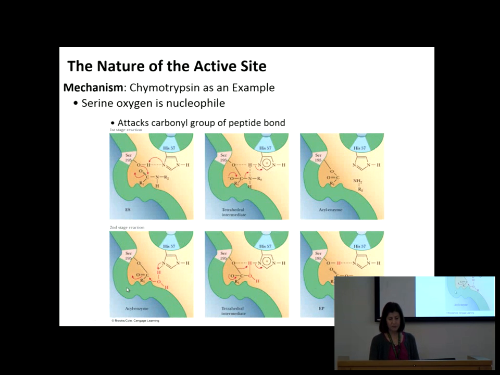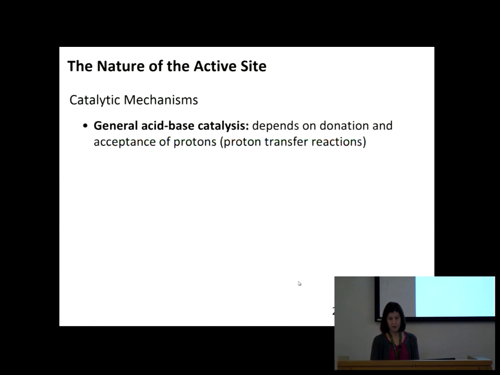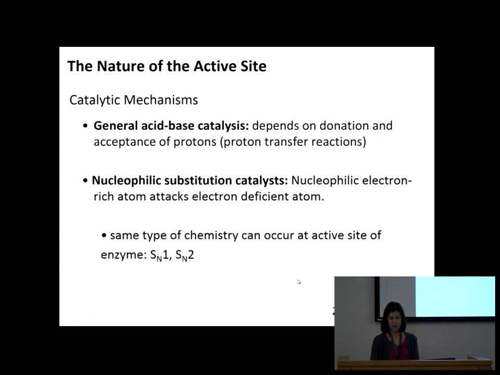All right, I'm going to have to repeat the second stage in the next class. And then we will end with talking about how those two were basically the two types of catalysis that we see very often: general acid base and nucleophilic substitution.